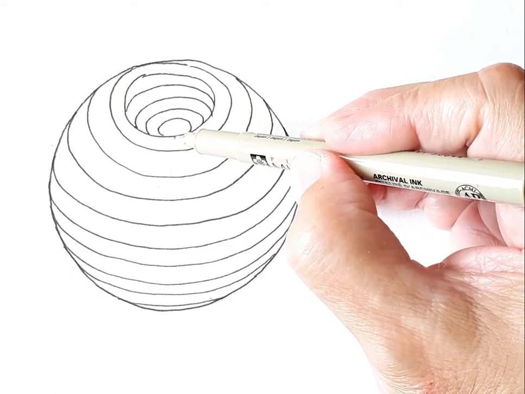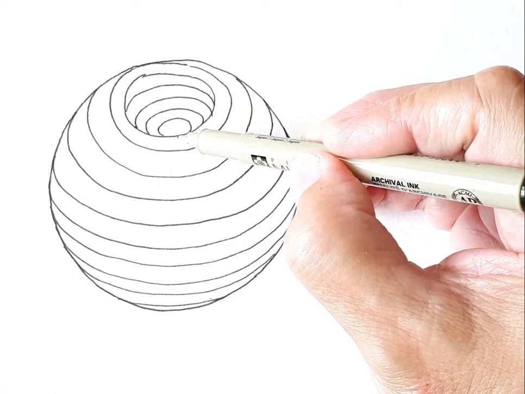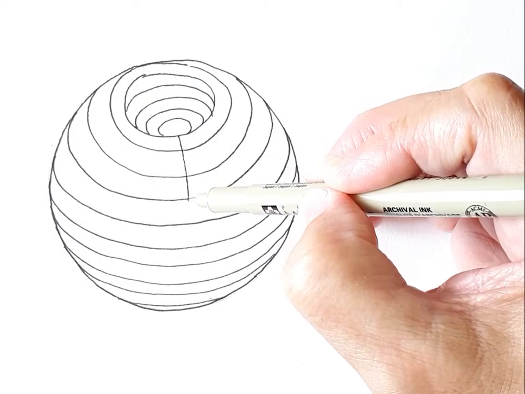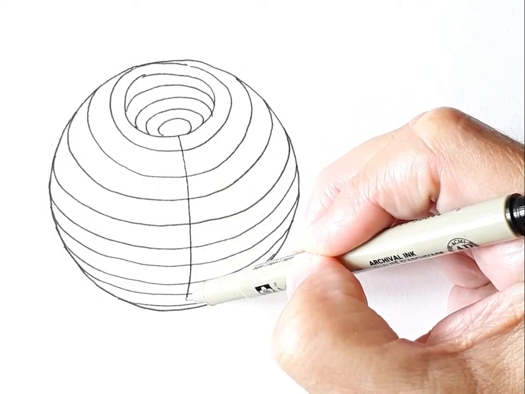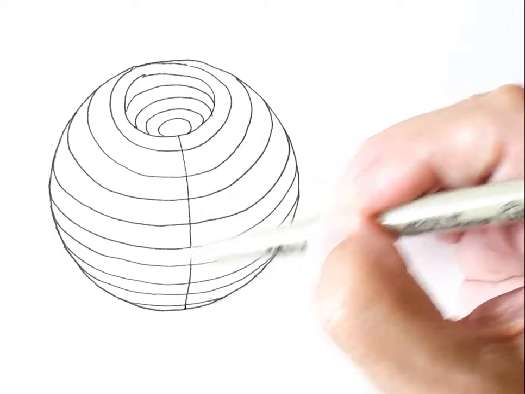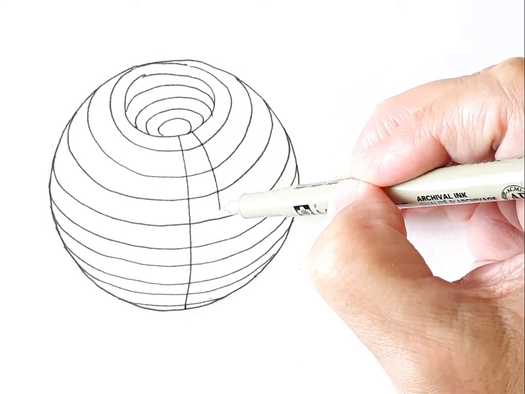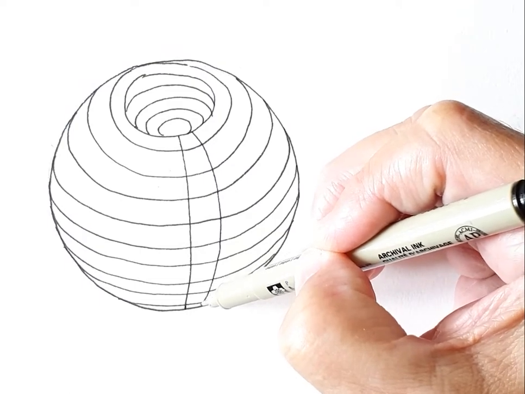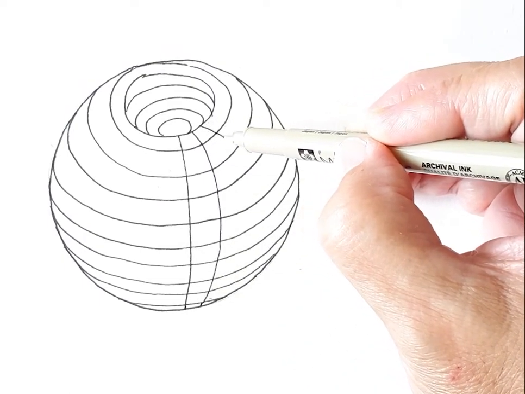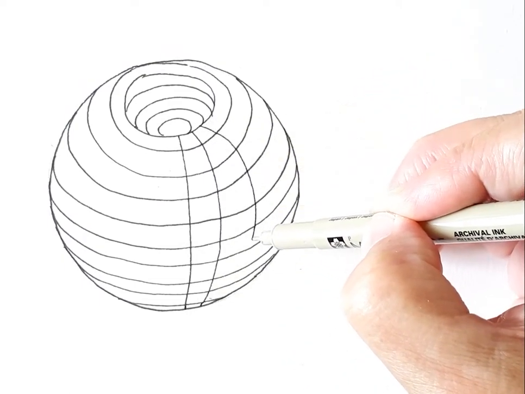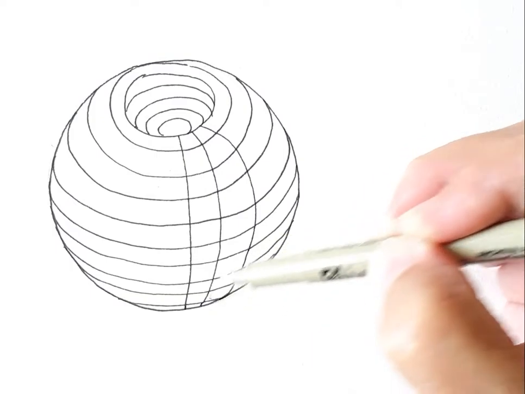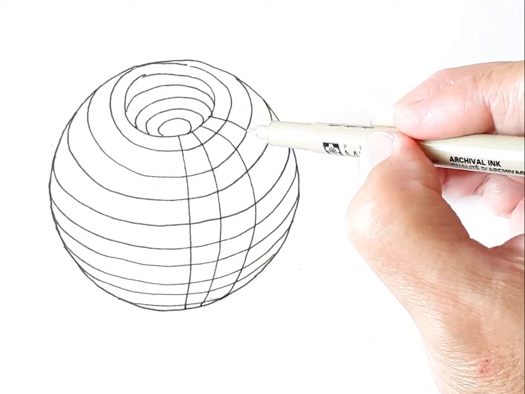So I will start with the first cross contour line, which will be sort of a straight line in this way from the top to the bottom. And the lines on the right will start to bend a little bit because it is a sphere, right? So the lines will continue bending. As it approaches the bottom, it bends and it disappears into the bottom.